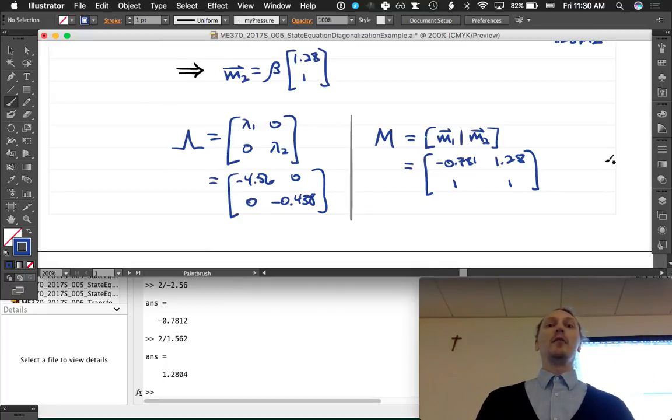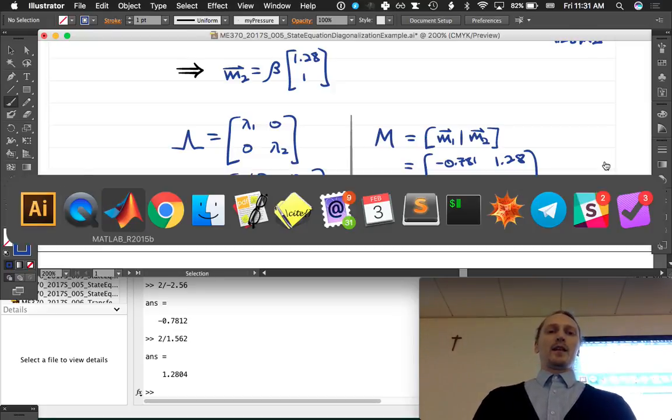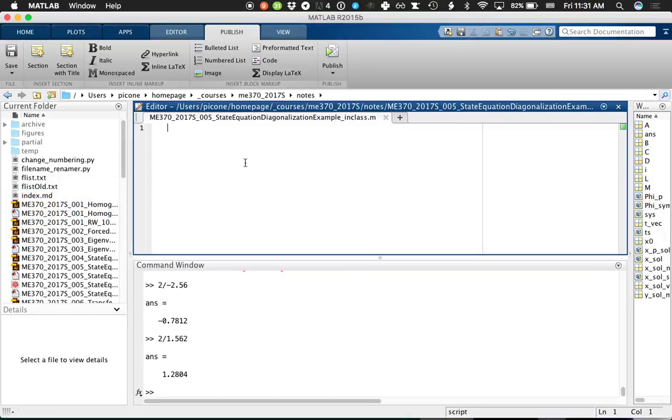Okay, so let's see what Matlab gets. So we bop over to Matlab, and we're feeling like we should probably clear everything and close all. And then first off, it's just good form to start off with some parameters, right? So let's plug in our parameters.